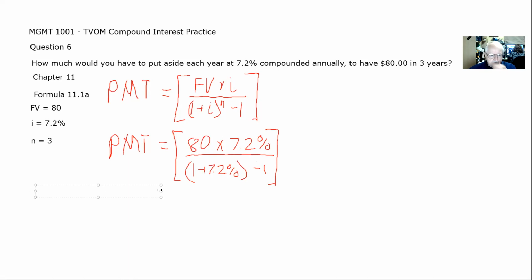I'm going to start with what's in the top here, the numerator, 80 times 7.2%. See what that is. We don't want to take it out of our calculator, but we're going to keep it.